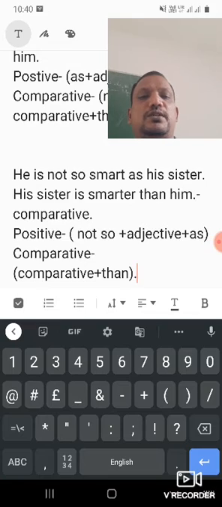In the first type we have seen two models. In the first model, not is not used in the positive degree, so we use not in the comparative degree. And in the second model, not is used in the positive degree and we do not use it in the comparative degree.